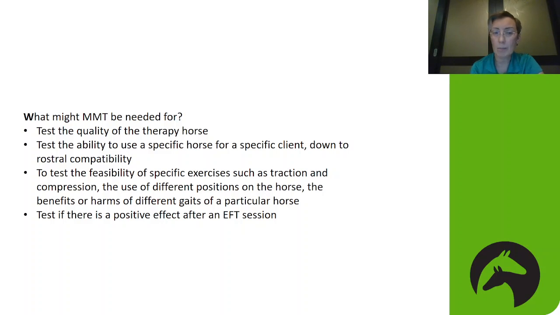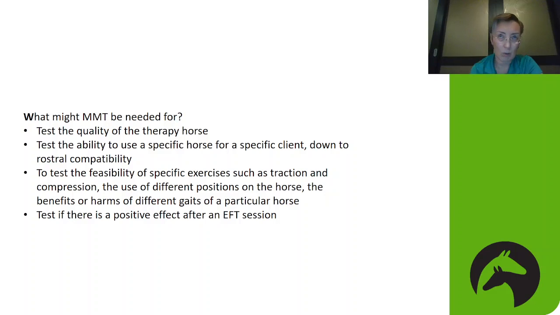For example, compression is trot. Traction is the position when our rider is lying on the back. The use of different positions of the horse, the benefit or harm of different gaits of a particular horse. And we can test if there is a positive effect after our EFT session.